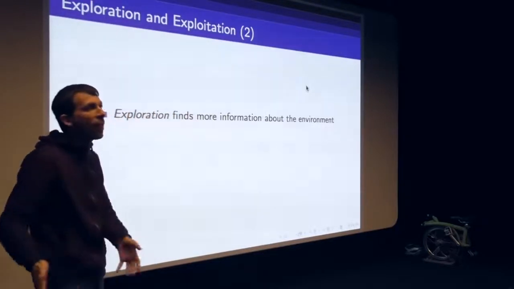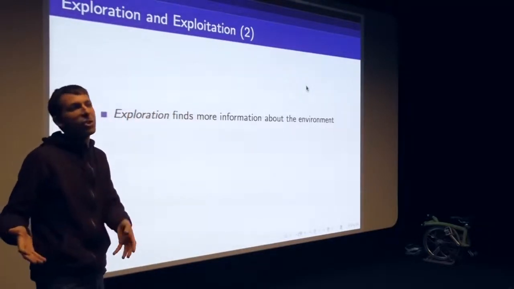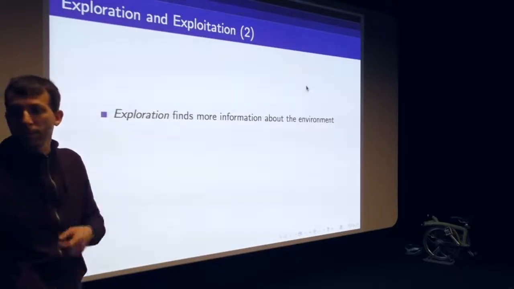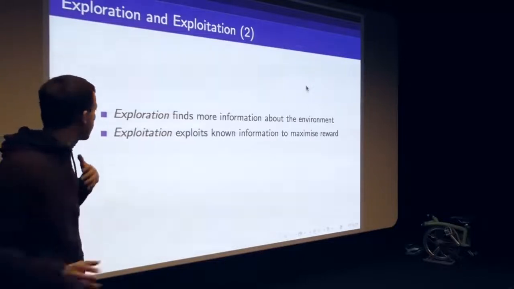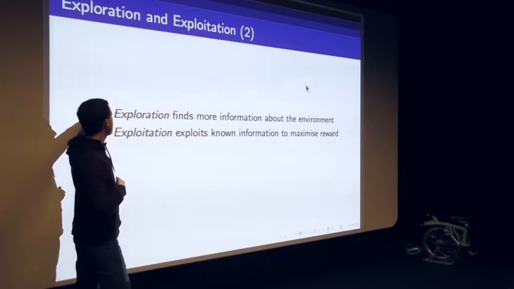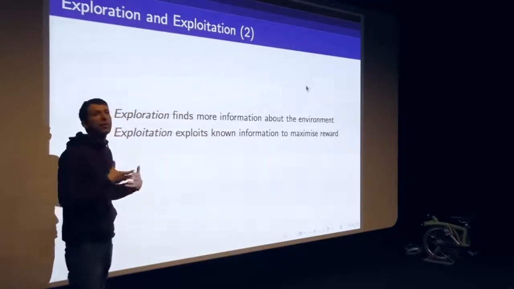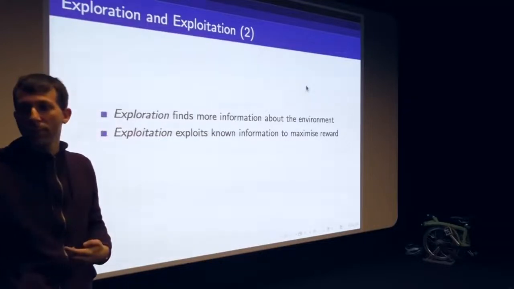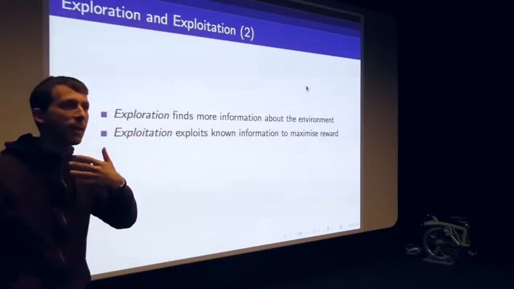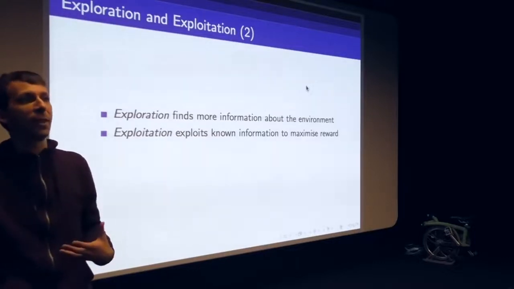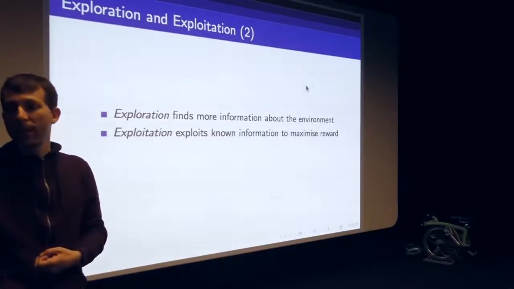And so maybe it's better to go right for a while, discover that there's a big treasure chest there, so that in the future you might end up getting a lot more reward in the long run. So we've got this balance between exploration and exploitation. Exploration: find out more about the environment. Exploitation: exploit the information you've already found to maximize your reward. It's the exploration-exploitation trade-off. It's universal to reinforcement learning and kind of special to reinforcement learning. It doesn't come up elsewhere in machine learning.